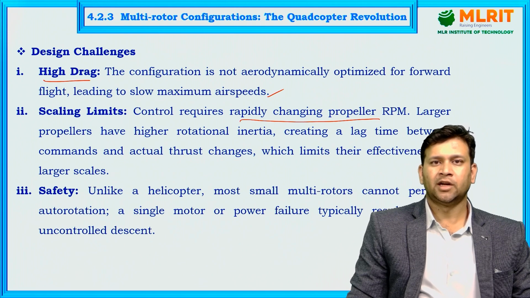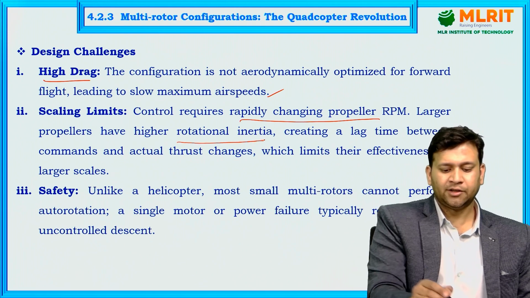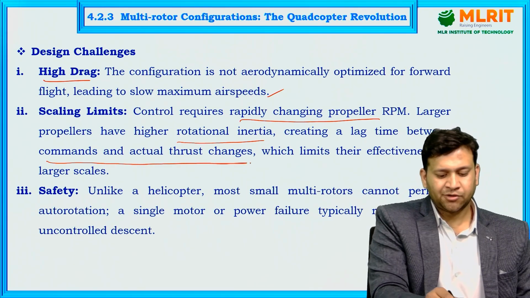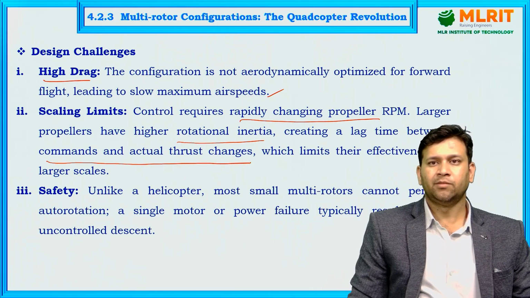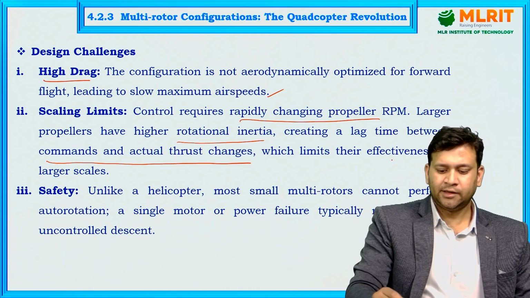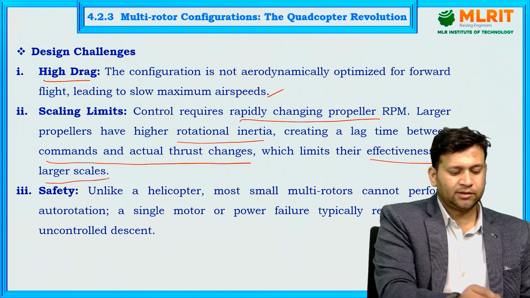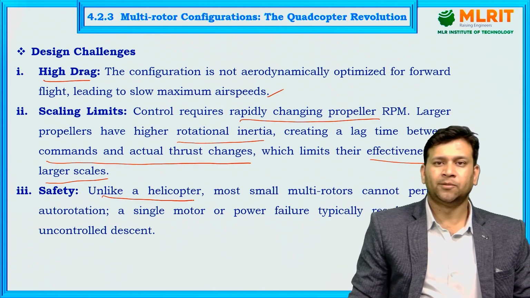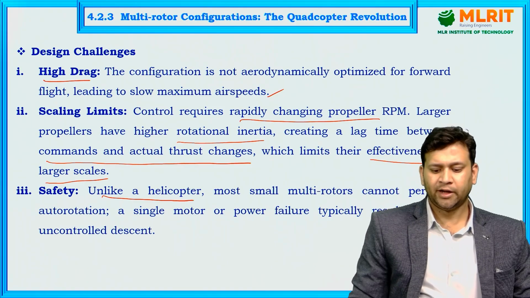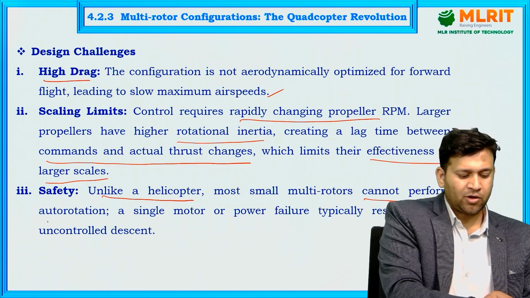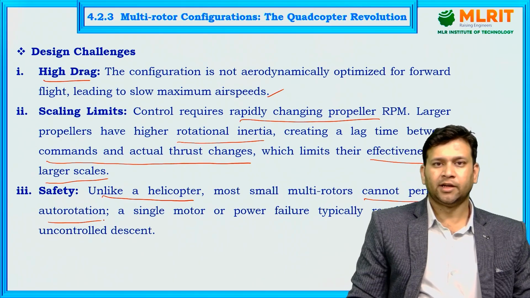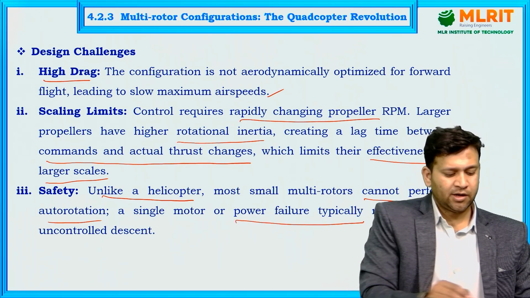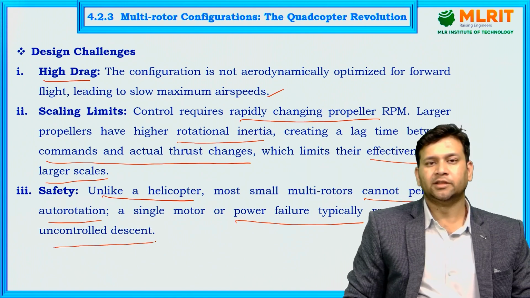Larger propellers have higher rotational inertia, creating a lag time between commands and actual thrust changes, which limits their effectiveness at larger scales. Safety: unlike a helicopter, most small multi-rotors cannot perform autorotation. A single motor or power failure typically results in an uncontrolled descent.